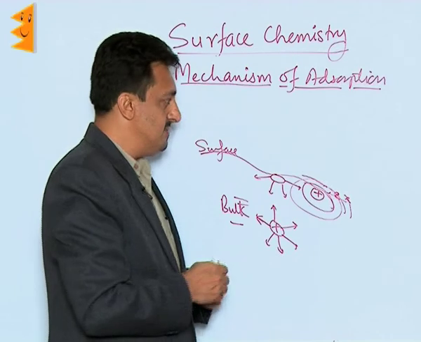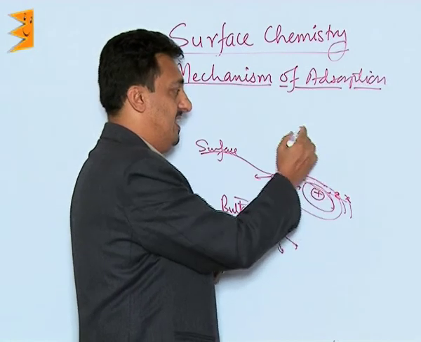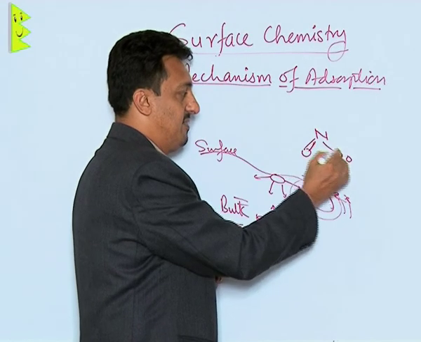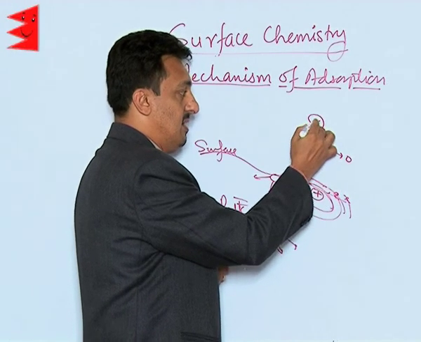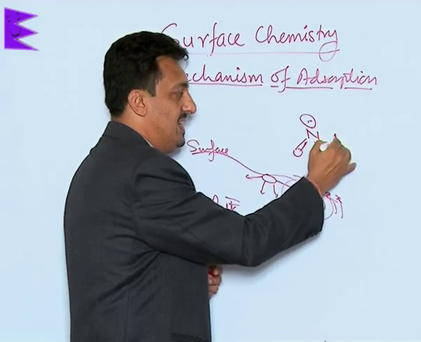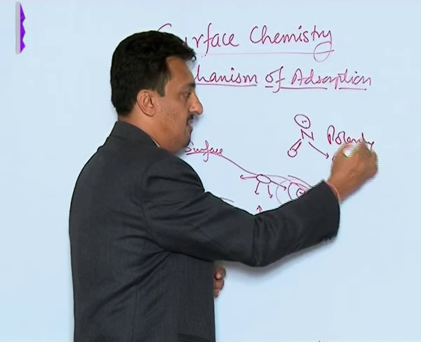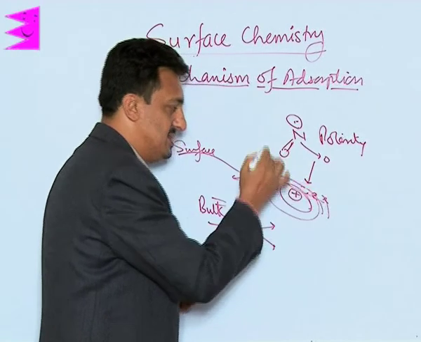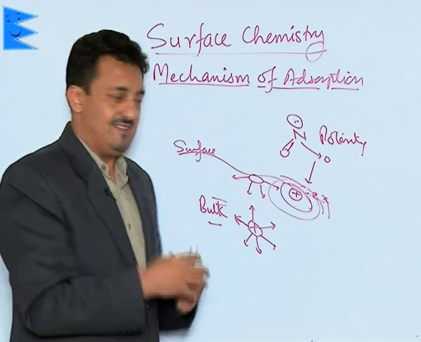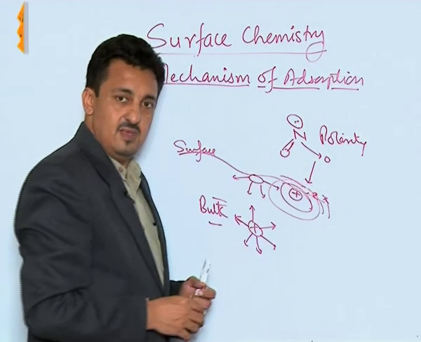So whenever another substance, like the example of NO2 gas, comes in contact or very close to this surface, due to the polarity in this molecule, it very easily gets attracted to the surface because they develop dipole-dipole interactions. As a result, it sticks to the surface.